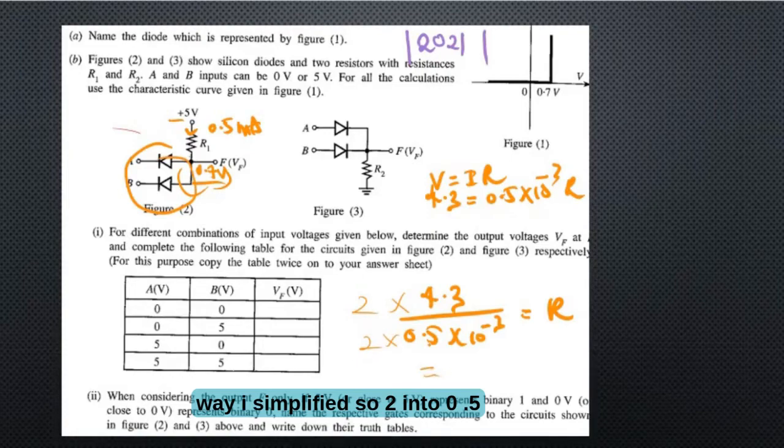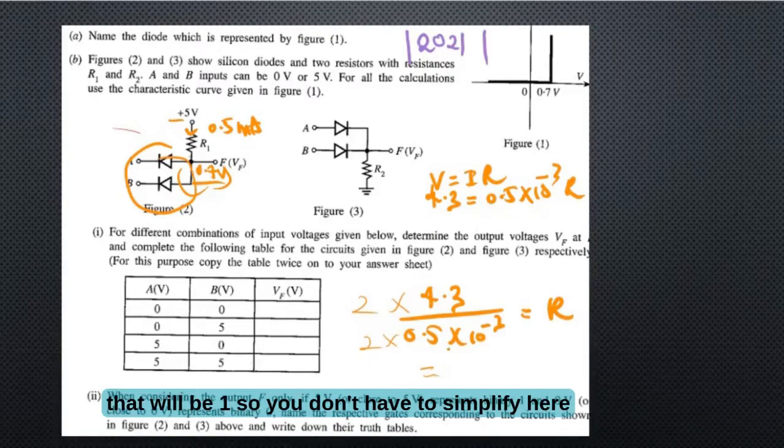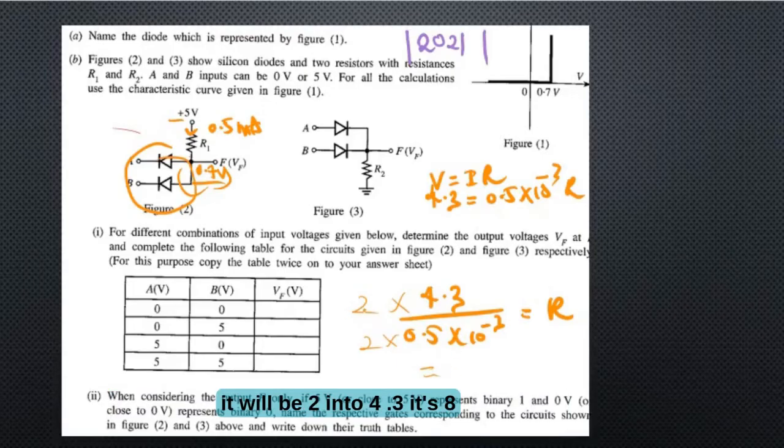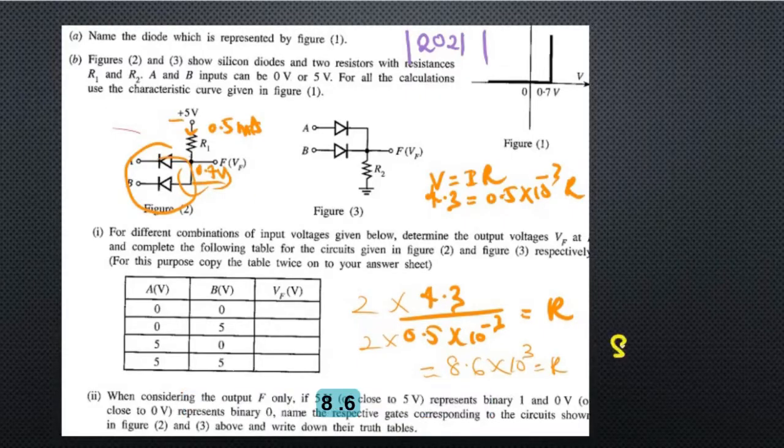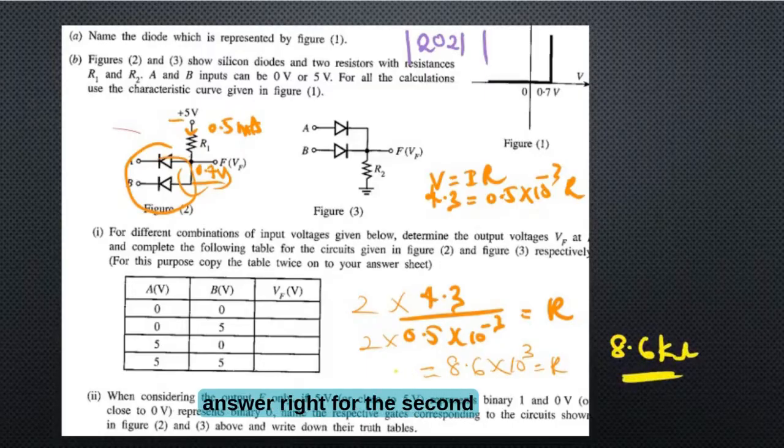So 2 into 0.5 will be 1, and you don't have to simplify here. So 1 into 10 to the power minus 3 below, and above it will be 2 into 4.3, which is 8.6. 10 to the power minus 3 goes off, so into 10 to the power 3 equals R. So the answer is 8.6 kilo ohms, right?